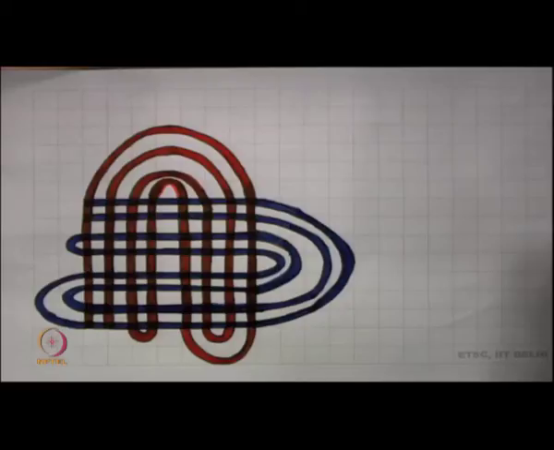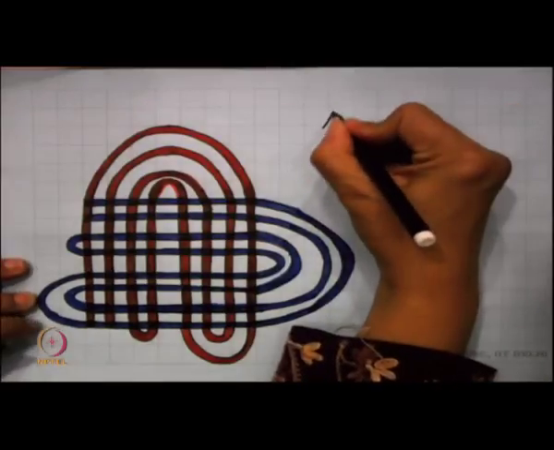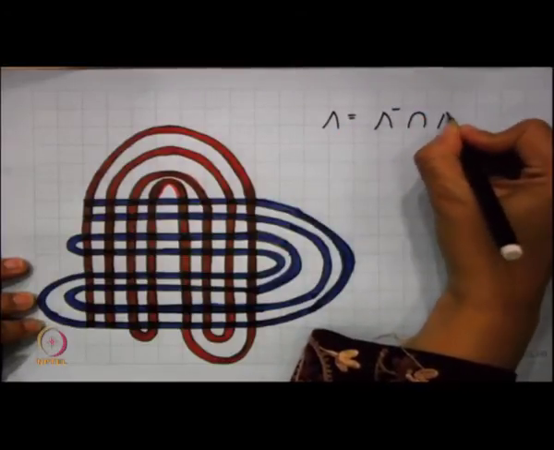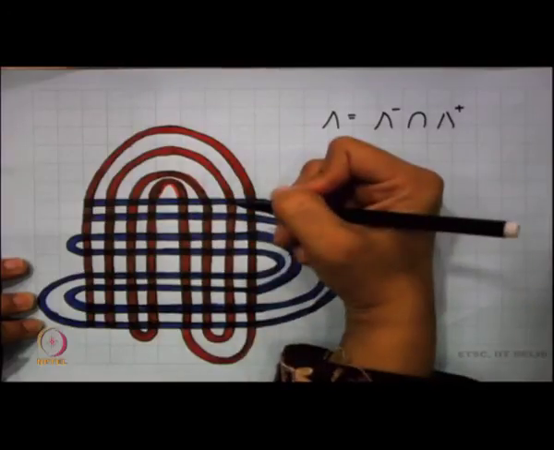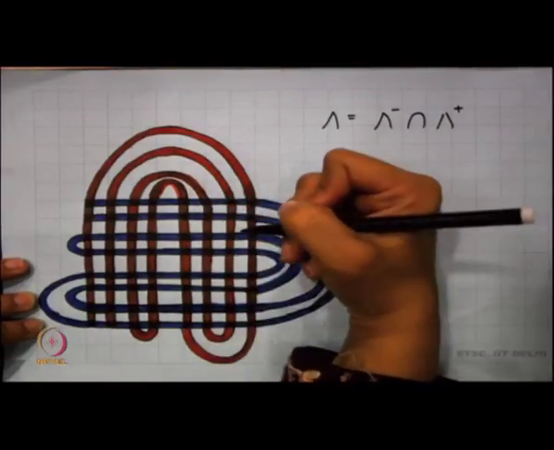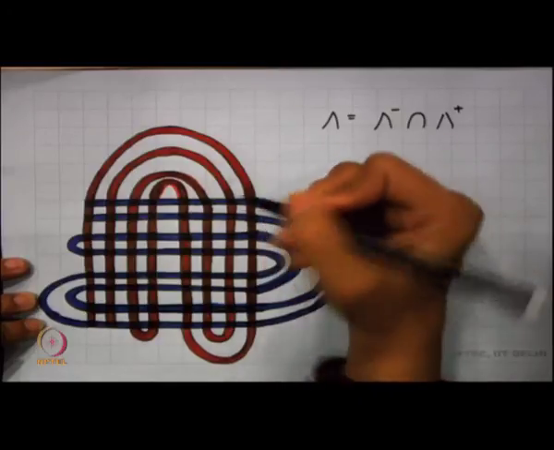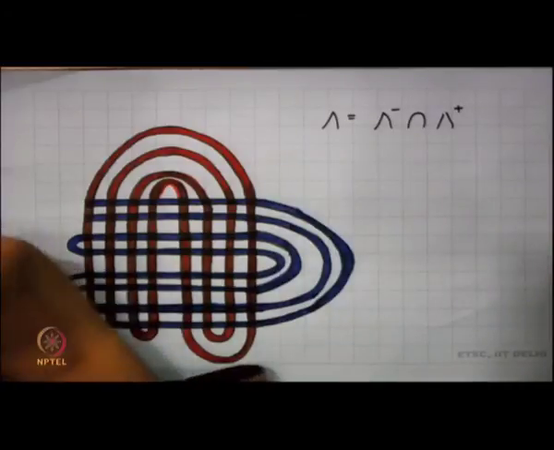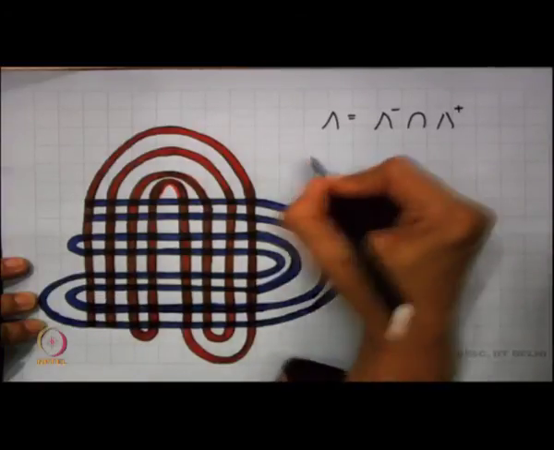So, now what happens to our lambda here? Our lambda is nothing but lambda minus intersected with lambda plus. What is that aspect? Now, let us see what our lambda minus is. So, what is my point P here?